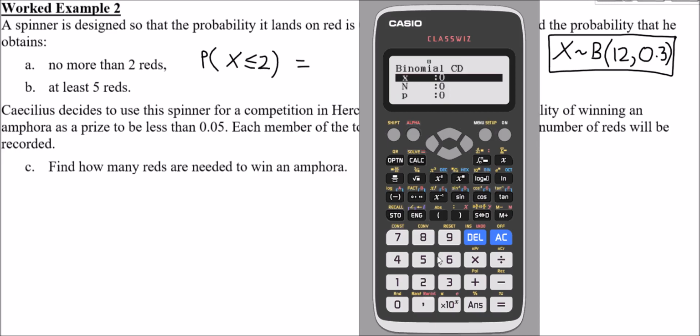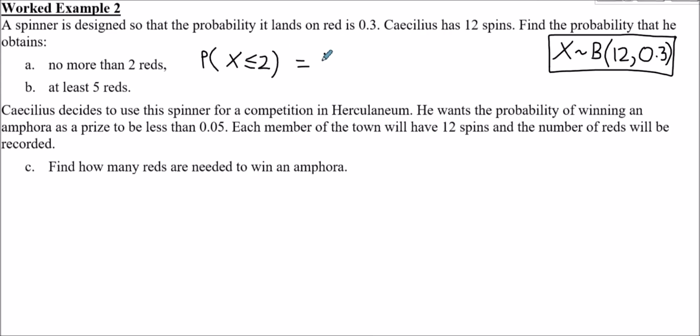Here we want 2 or fewer out of n, a total of 12. Probability of success is 0.3. Press equals and equals again. We get about 0.2528. It's about a 26% chance.